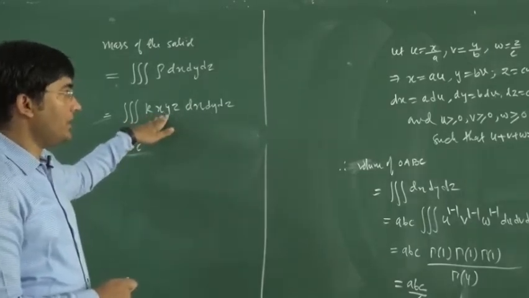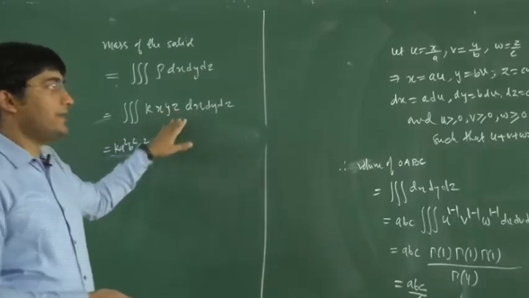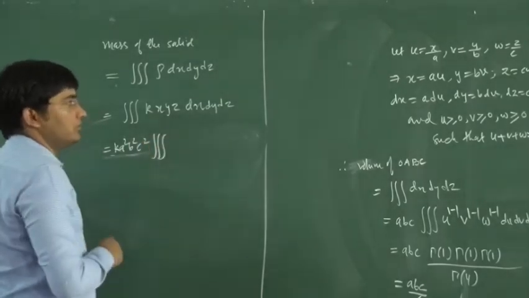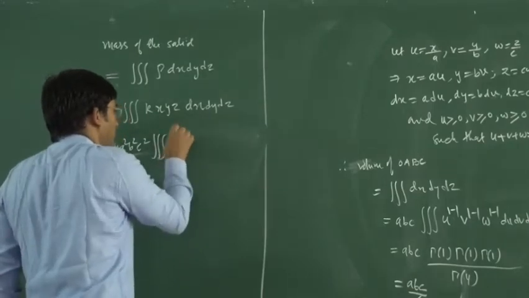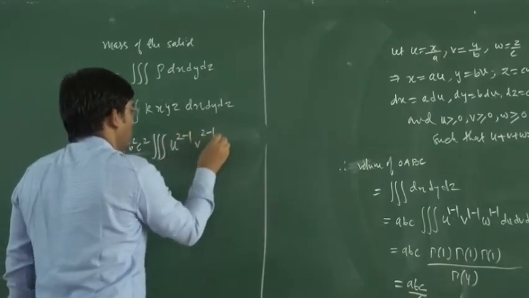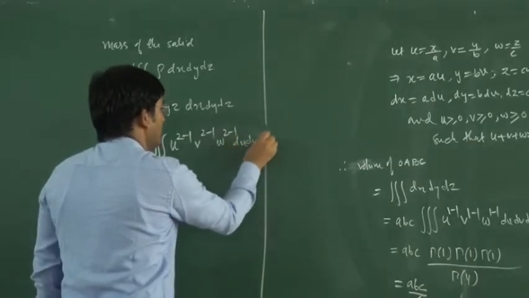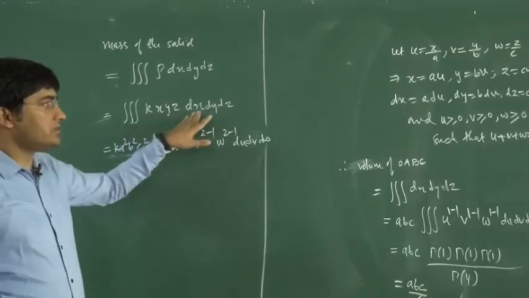From x we will have au, from y we will have bv, and from z we will have cw. Now in the integral, the power can be written as u power 2 minus 1, v power 2 minus 1, w power 2 minus 1 into du dv dw. Here, just substitute the values of x, y, z and dx, dy, dz.